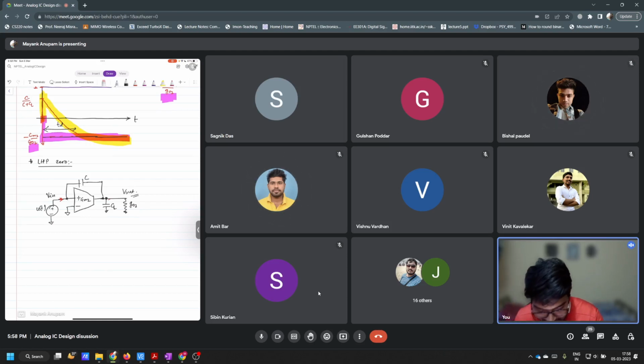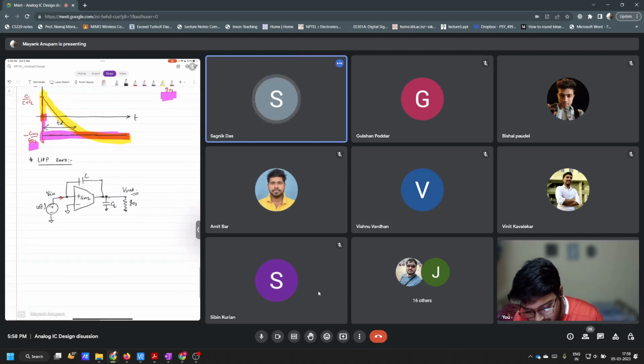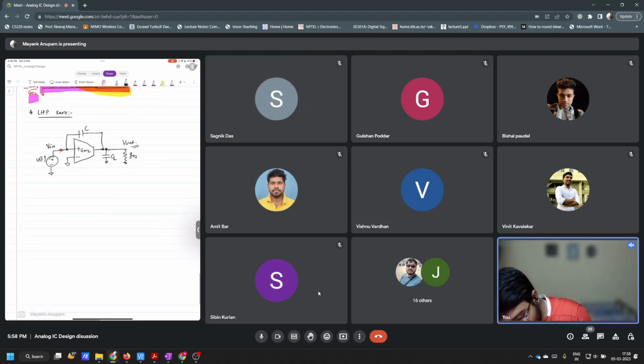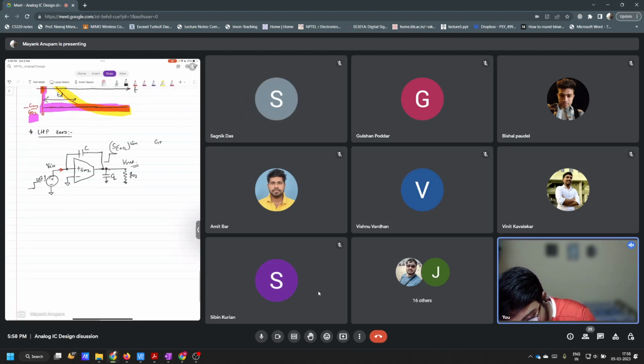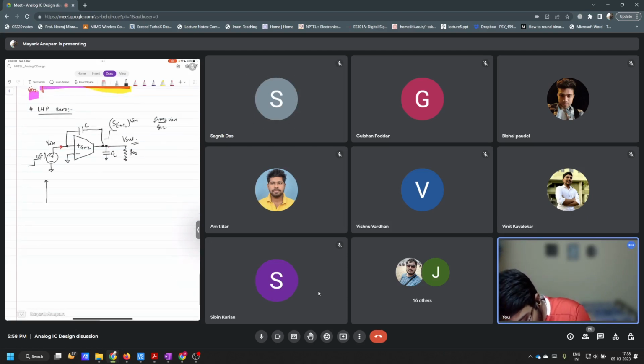Yes, sir. Correct. Now you see, if you give an input here as a unit step, the system will be pushed in this direction only, right? It will be C divided by C plus CL times V in, correct? And the final value that it has to settle to is equal to GM2 by G02. What happens here is that because of this 0 here, there is again a 0 here.